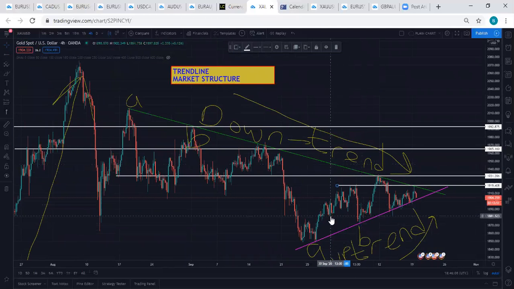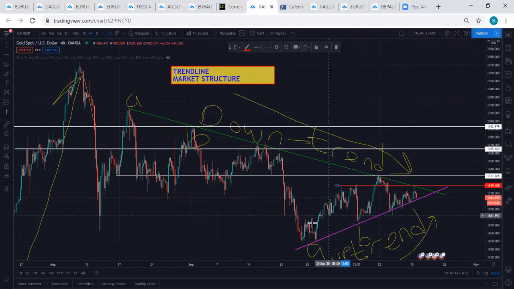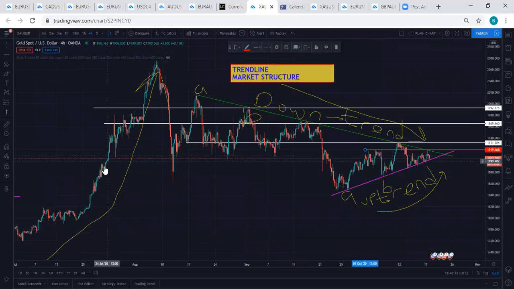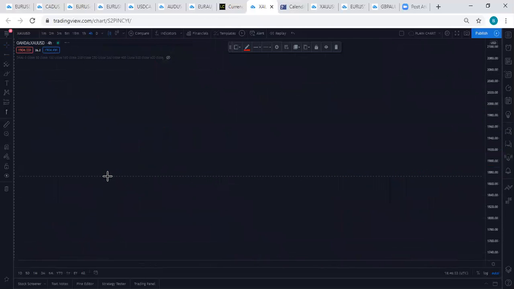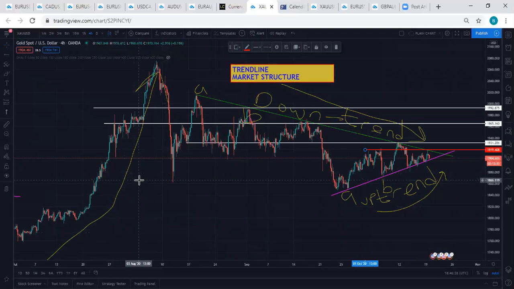Now let us draw for support. Let me change this to red. Support here, right? Support here. Let me draw. All right, this is a support. Let me even draw it from here.